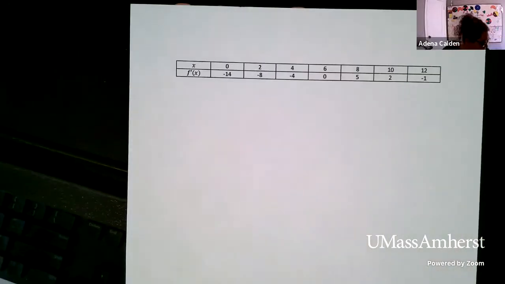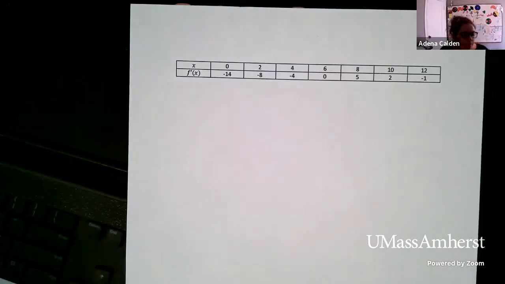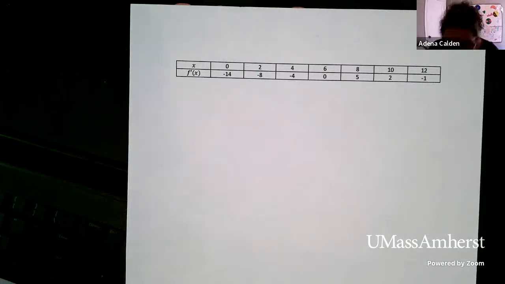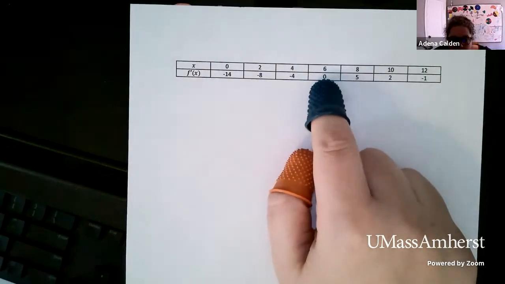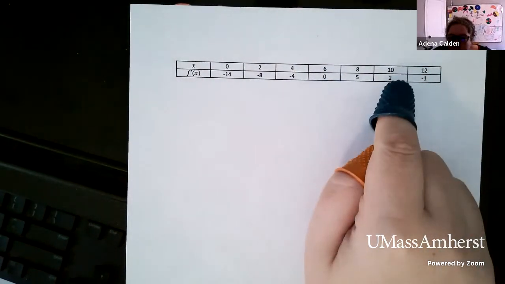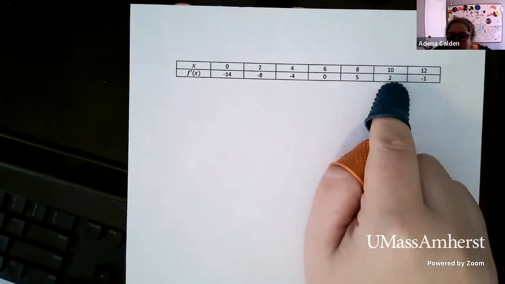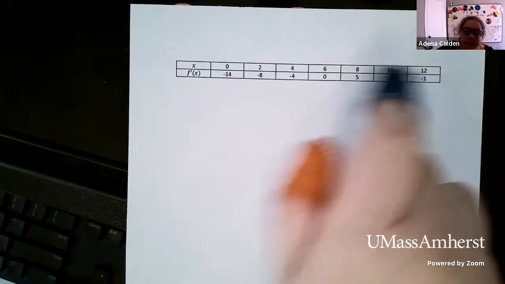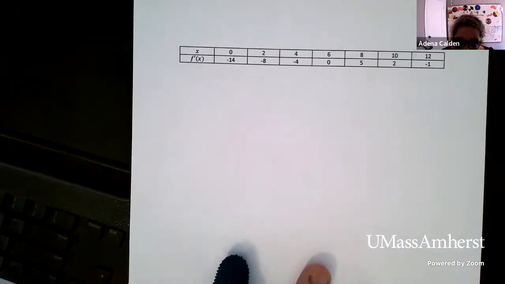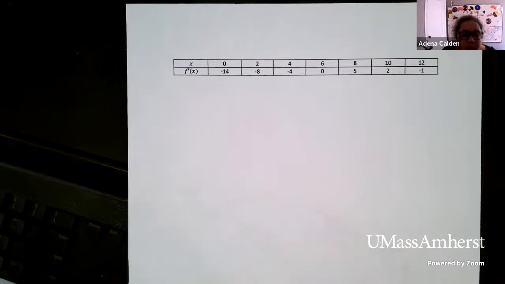So here we have a table of derivative values. This is the same one we worked on before to find critical points. So as a reminder, we had a critical point at x equals 6, because that's where the first derivative was 0, and also between 10 and 12, because we saw that the derivative changed from positive to negative. But now we want to use these values to figure out where we might have an inflection point.